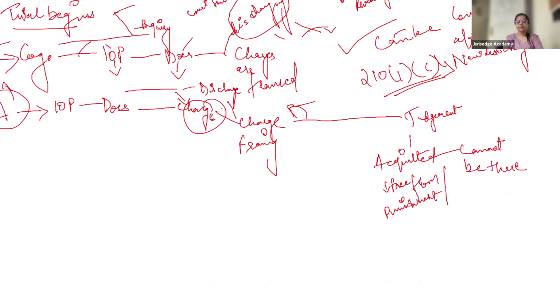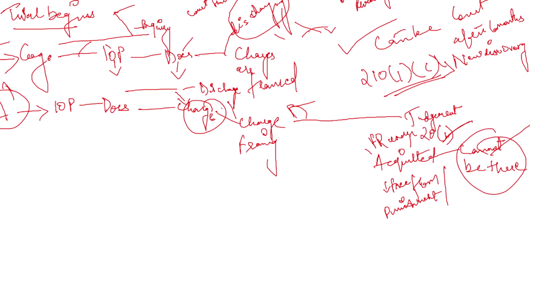If a person is acquitted, the person can never be brought again in front of the court. By virtue of Section 300 of old CrPC, which says a person once acquitted can never be called again in the court. This is a fundamental right under the Constitution also. I think it is Article 21. Nobody can be punished twice.